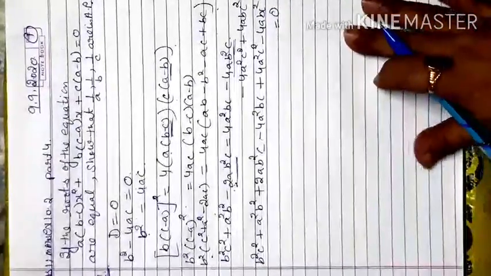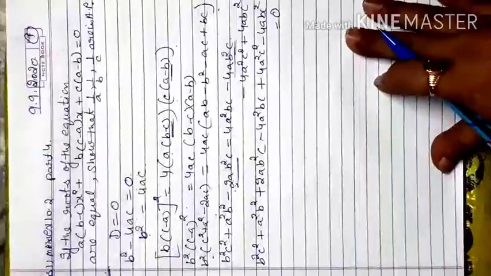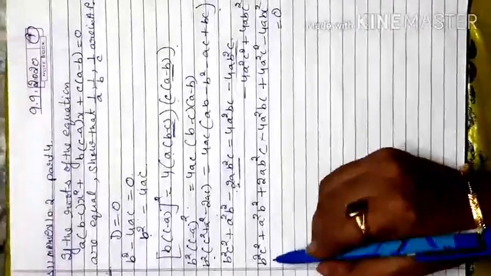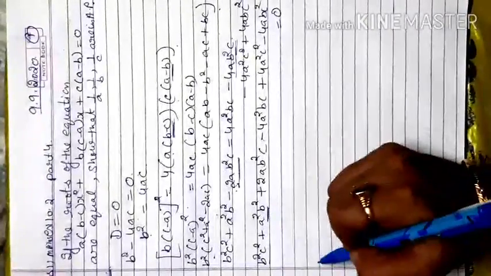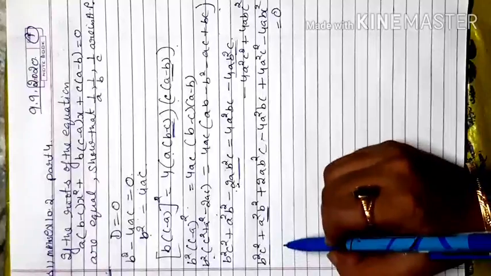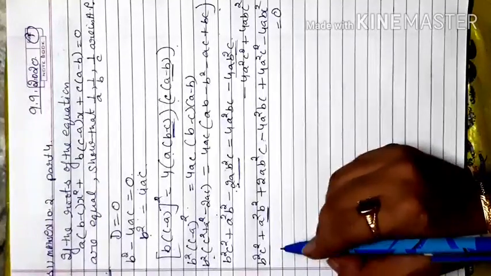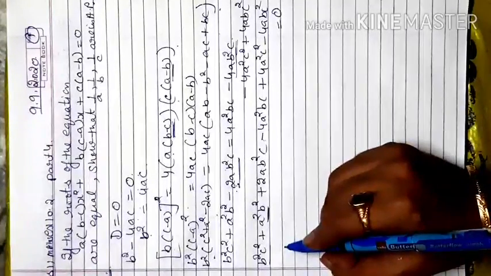So now if you just look at this, this is bc square, this is ab square. If I check the formula, is it like the formula of a plus b plus c whole square?